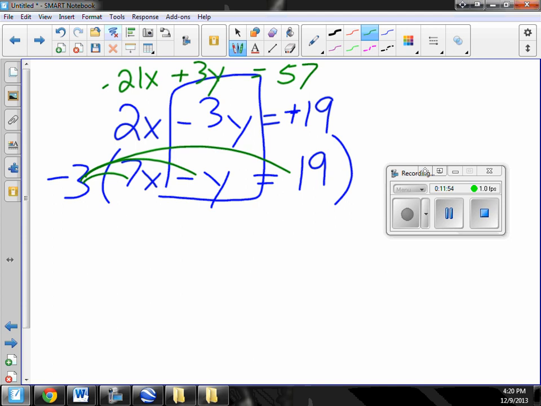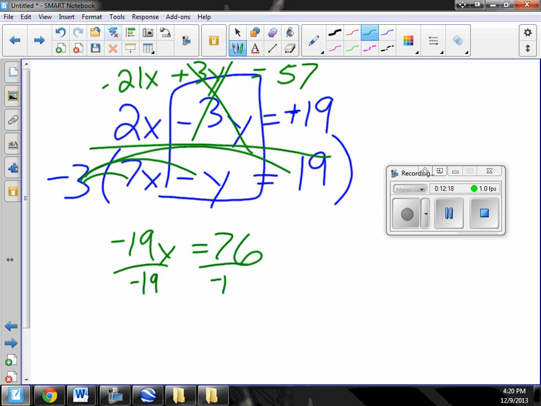Now you'll notice that the y's cancel. Negative 21 plus 2 is negative 19x. 57 plus 19 is going to be 76. So we need to move that negative 19 over. So we're going to divide it. And my x value is negative 4.